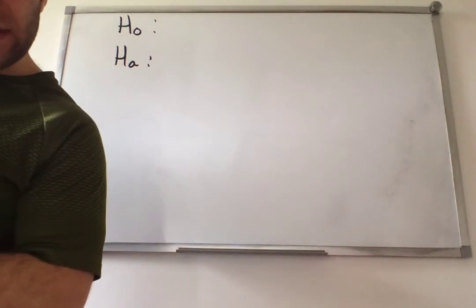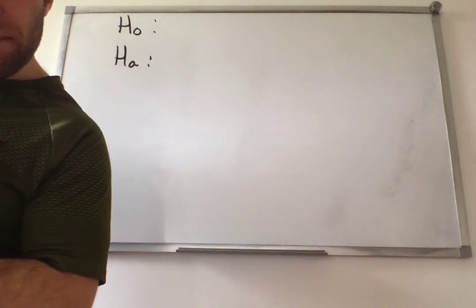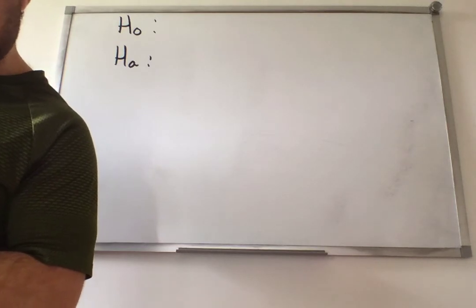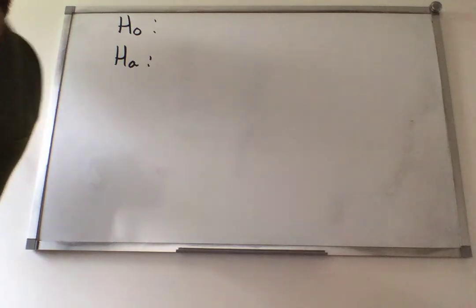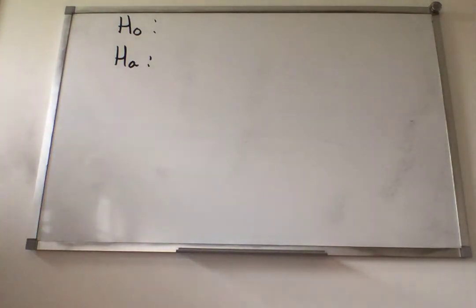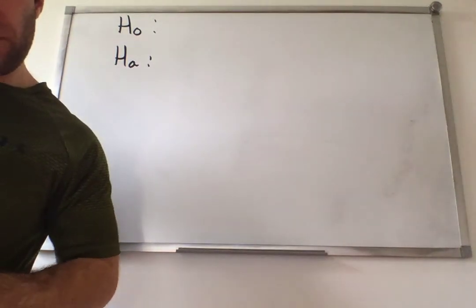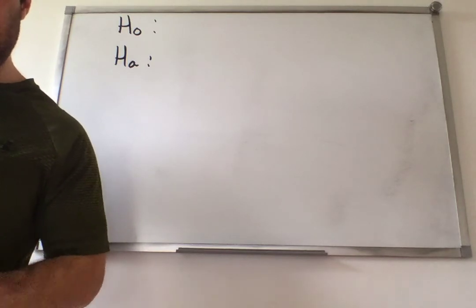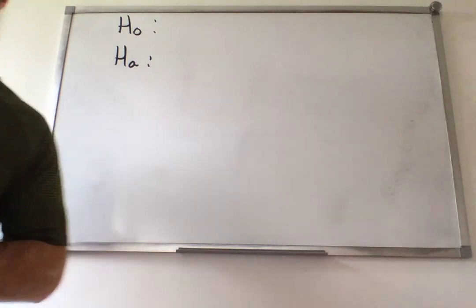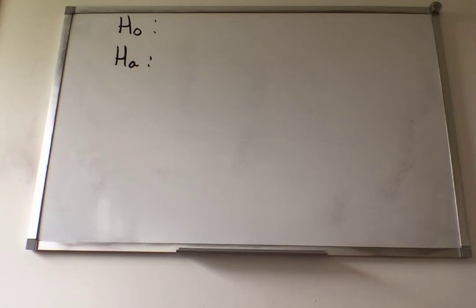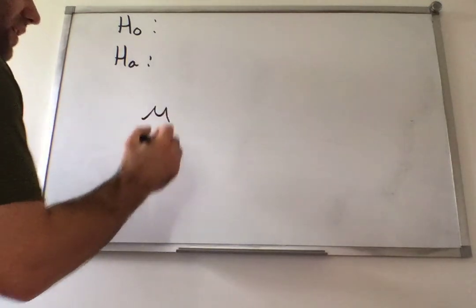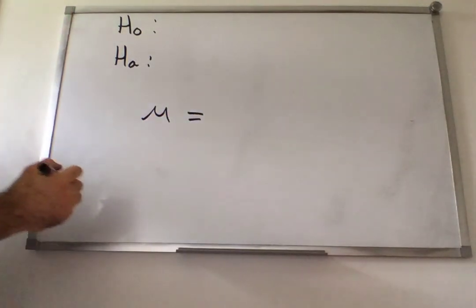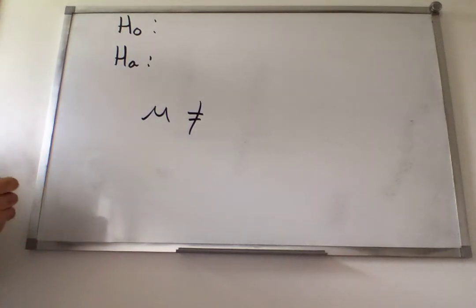It says we want to test whether the mean GPA of students in American college is different from 2.0. Okay, we want to test whether the mean GPA is different from 2.0. Okay, so let's say that's our claim. It's different from 2.0. And it's the mean, so different from just means it's not equal to.